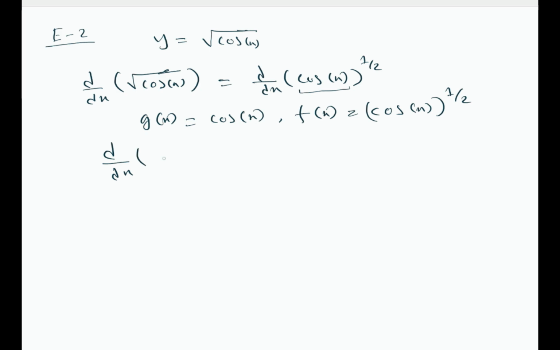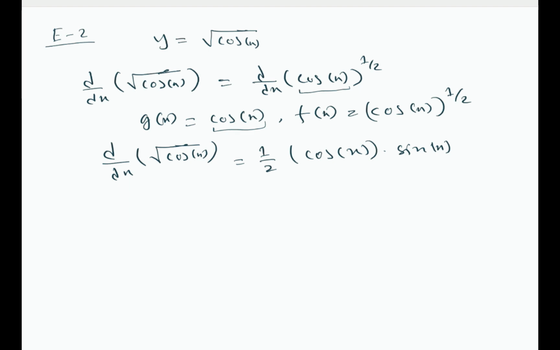Okay, so the derivative of this function, d/dx of square root of cos of x, is equal to, first we need to differentiate the outer function, so we need to apply the power rule here. So 1 over 2, leaving the inside as it is. So cos of x, we cannot do anything when we are differentiating the outside function. And then we need to differentiate the inside function, which is cos of x, right? So the derivative of cos of x is actually minus sine of x.